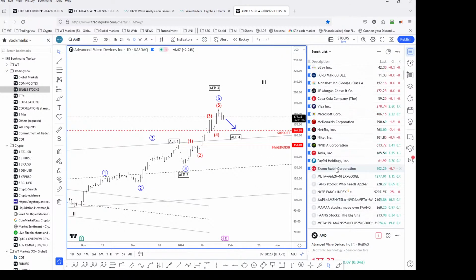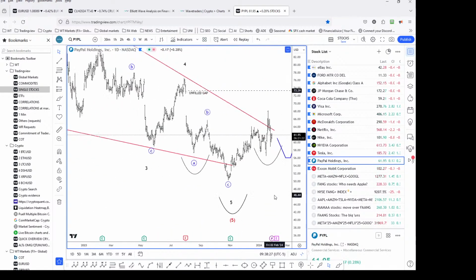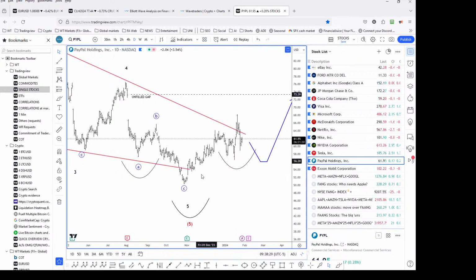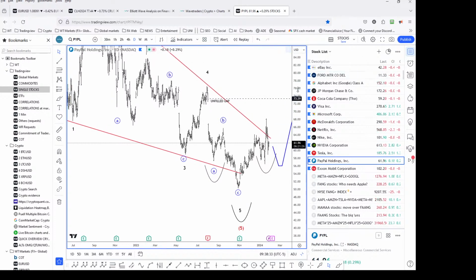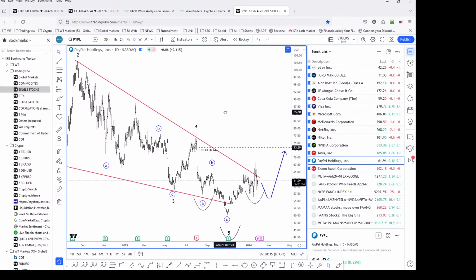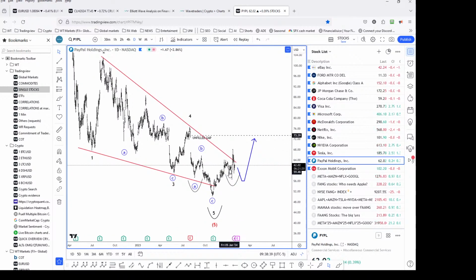Now let's take a look also at PayPal, because we covered PayPal recently. Interestingly, the market, before some data and news came out from PayPal, I think they announced Fastlane, one-click buying or something, looks like speculators were long before that news, and now the market is back in temporary sideways consolidation.